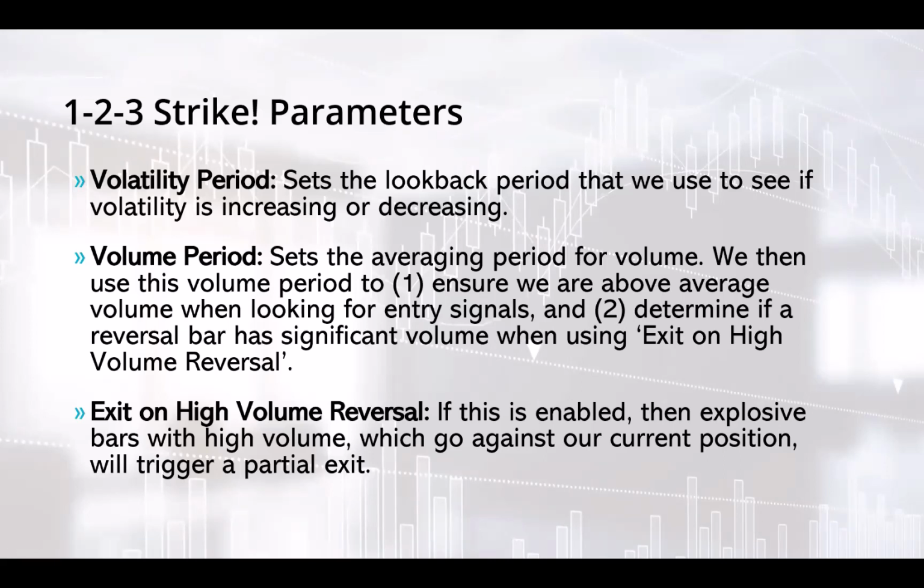If we had an increase, this is another condition that comes true for potential entry, or for a potential exit if the exit on high volume reversal option was selected, which is exactly this third parameter here. If this parameter is set to 1 means true, then the indicator will give you exit suggestions if such a high volume reversal bar occurs. If it's set to 0, it will not do that.